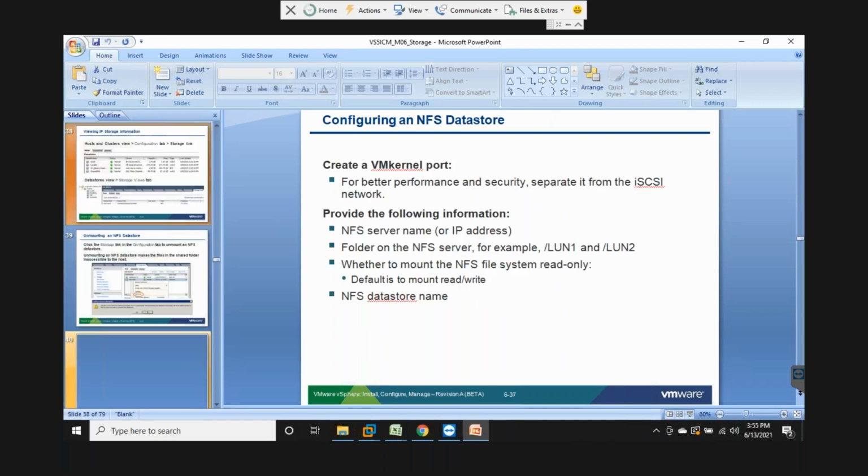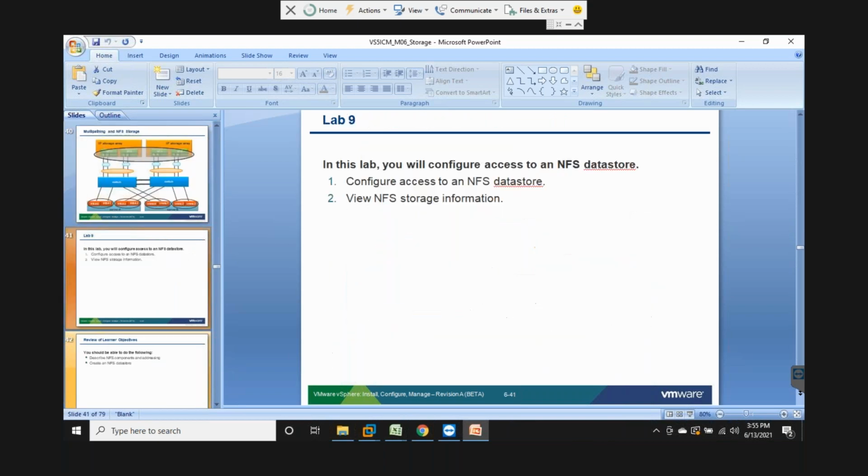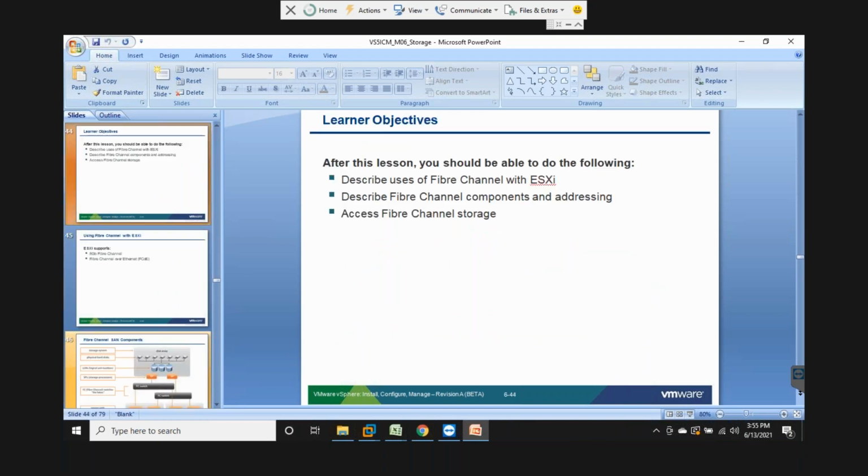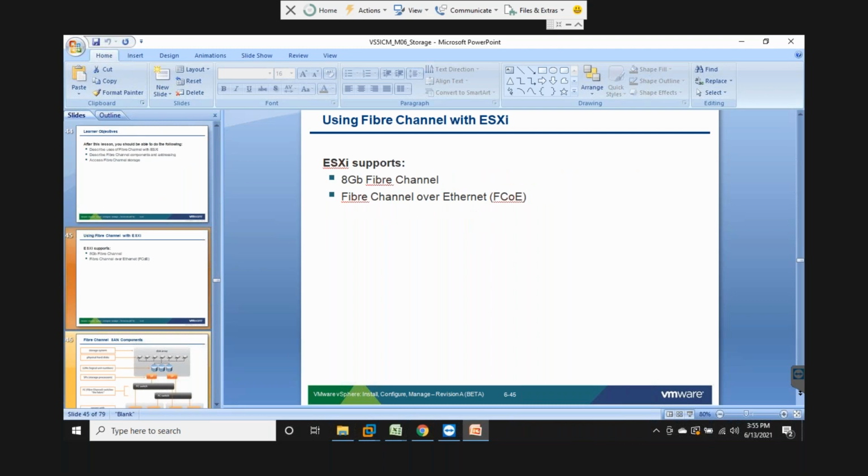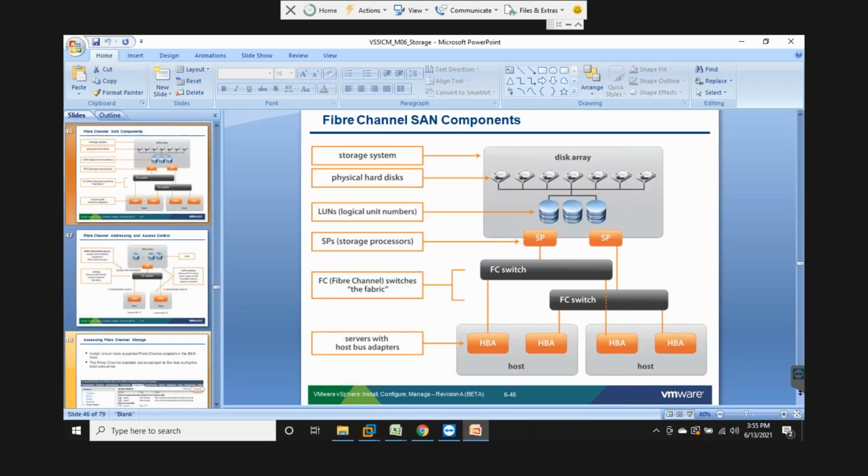Now I will quickly come to another storage type. Yes, Fiber Channel, which is very important. Notice the same thing. The storage device which has storage, physical disk, hard disk, LUN numbers, different LUN units, and two redundant storage processors.